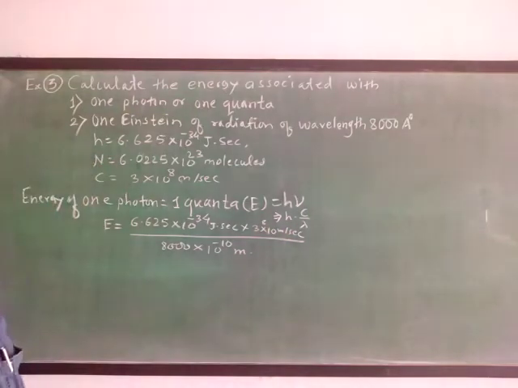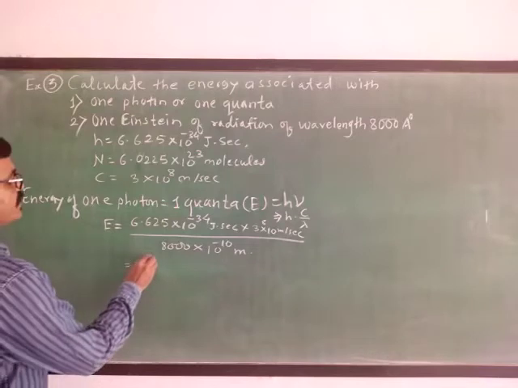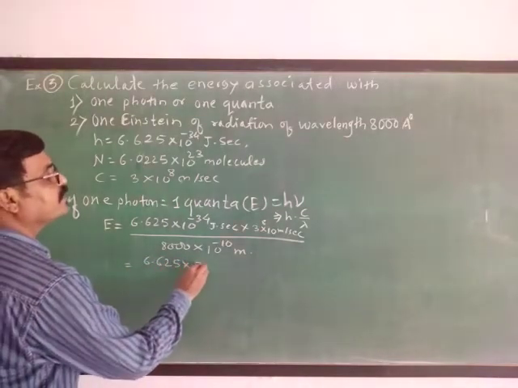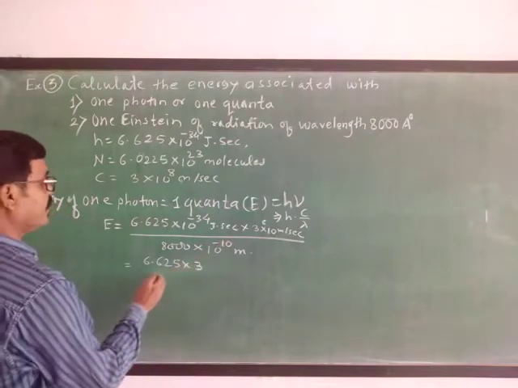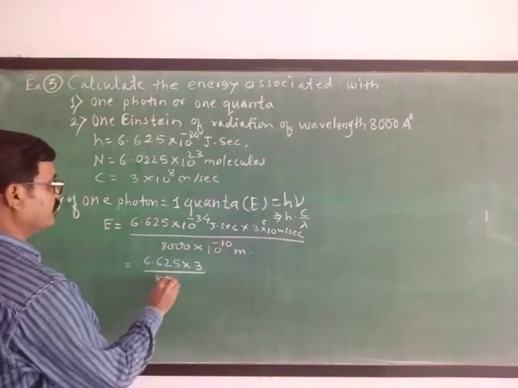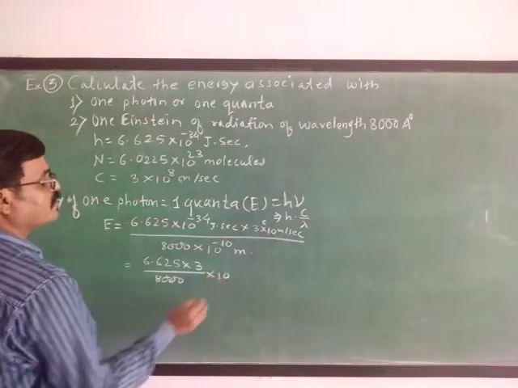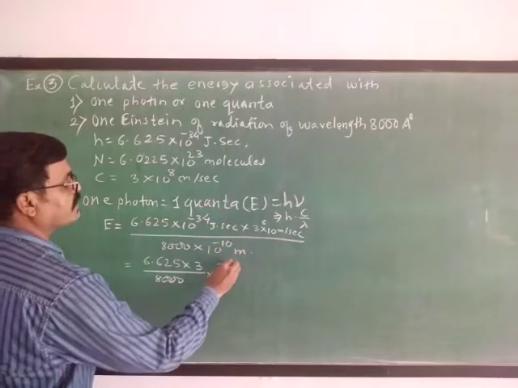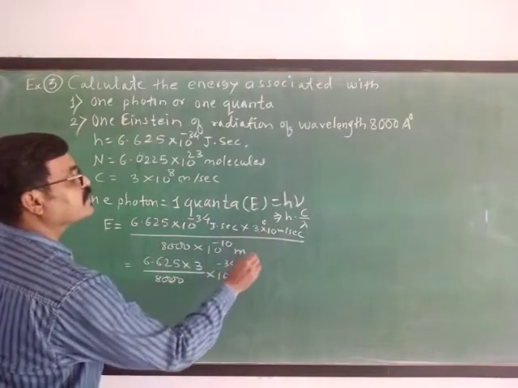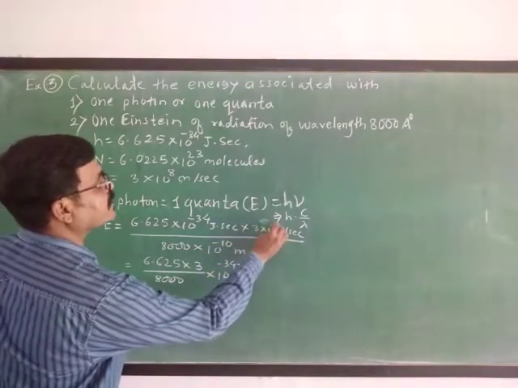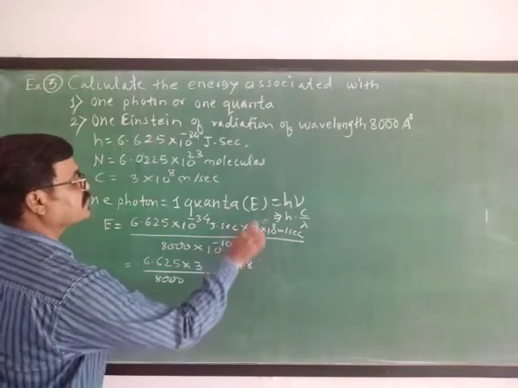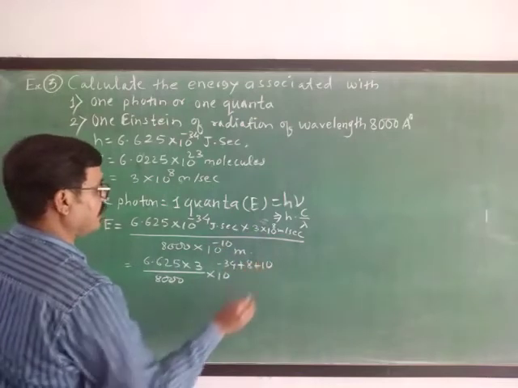Now after putting all these values, you will see how it can be solved. 6.625 multiplied by 3 divided by 8000. Powers of 10: in the numerator, minus 34 plus 8, and the 10 raised to power minus 10 in the denominator comes to the numerator as plus 10.